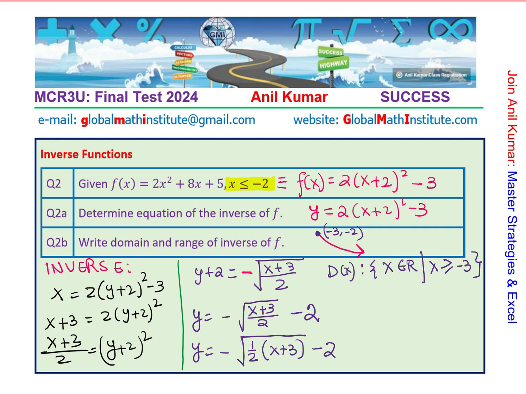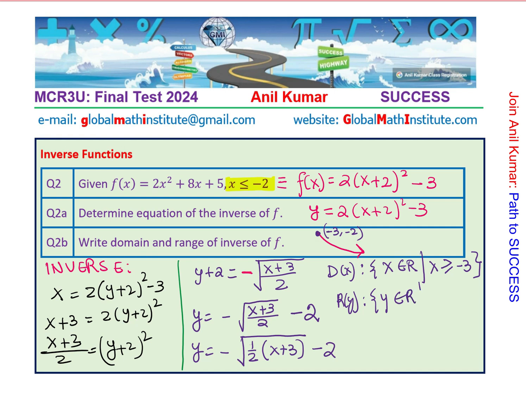And as far as the range is concerned, let me write range, y belongs to real numbers, where y is less than or equal to minus 2. Makes sense, right? Just as we concluded earlier. So that is how we can find the inverse and write the domain and range.